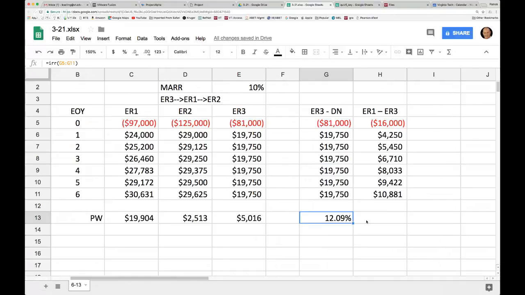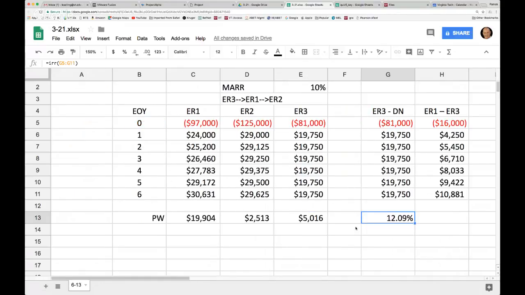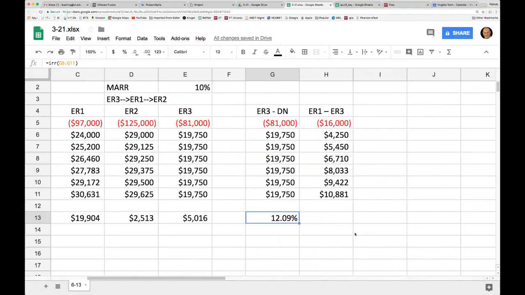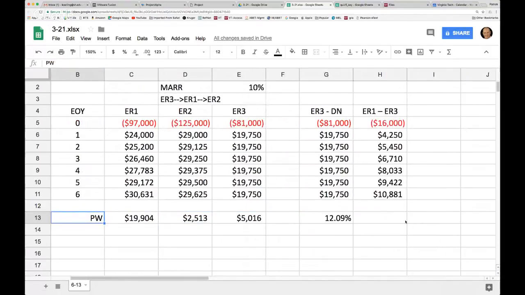So what's the rate of return? Now, again, we know that ER1 is going to be the winner. So I can tell you right now that this incremental rate of return is going to be greater than the MAR.